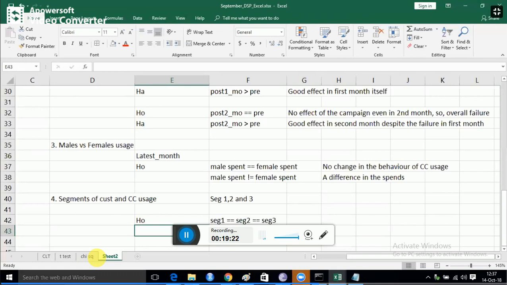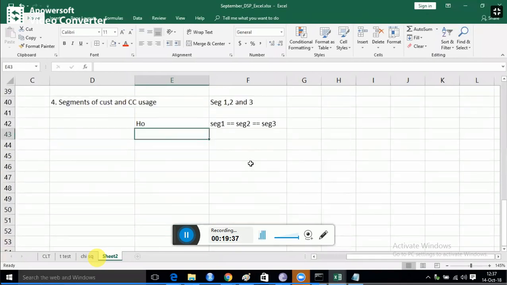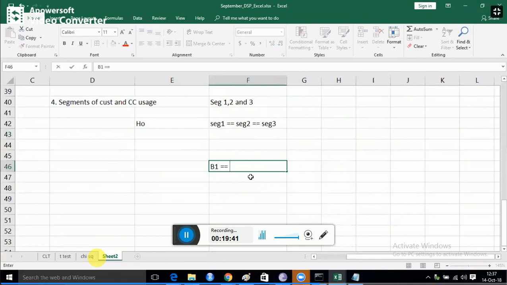We can check something like mean equal to 0 or mean equal to a hypothesized value, like mean of A equal to B equal to C, which is overall equal to some value, right? So if I have beta 1 equal to beta 2 equal to beta 3, overall equal to 0, this I can check.